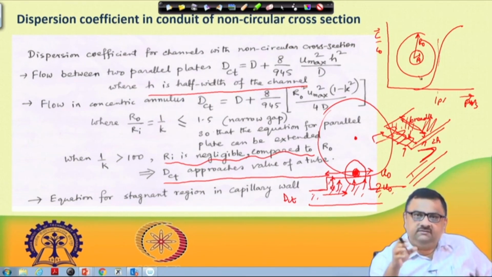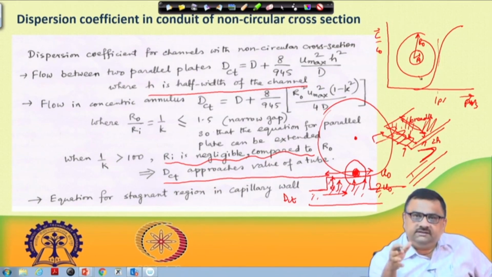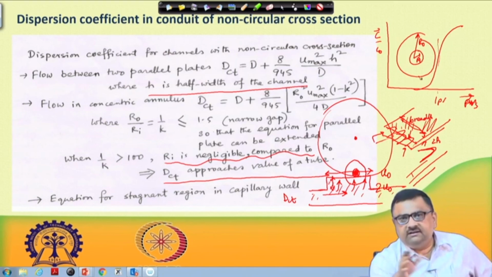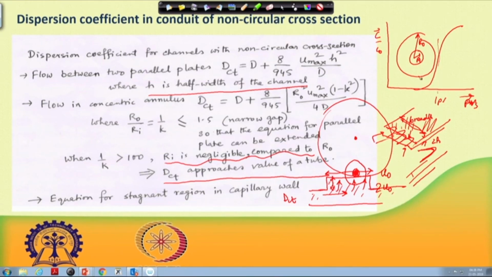What kind of DCT will one end up with? This is also a parallel exercise researchers have done, and then they try to relate the experimental data with this. I just wanted to give you an overview of the various approaches people have taken to arrive at a better understanding of this DCT term.